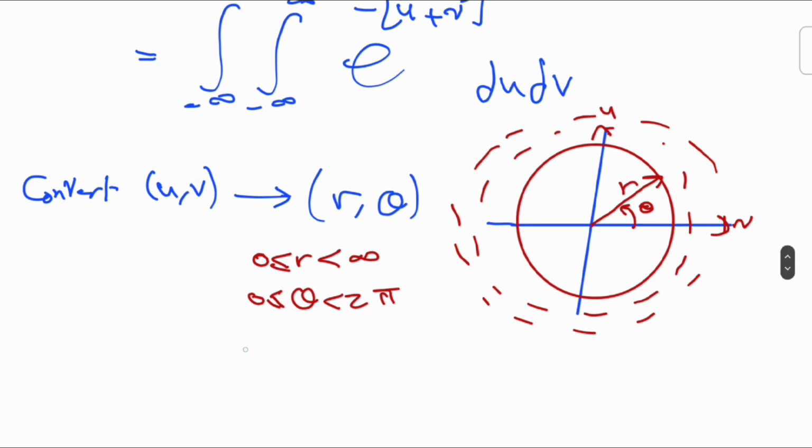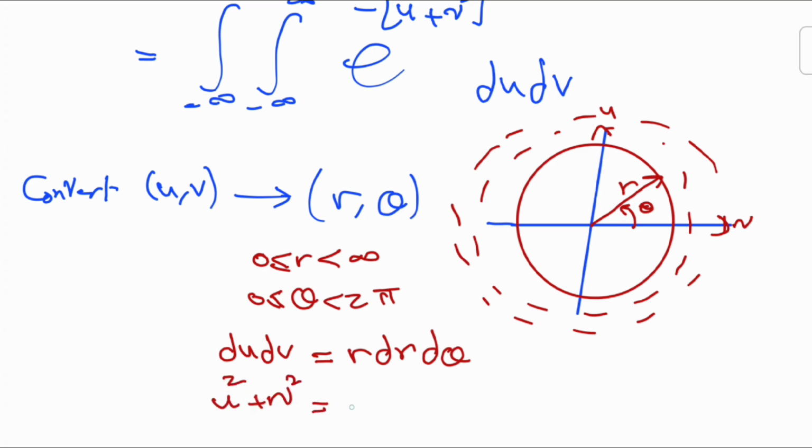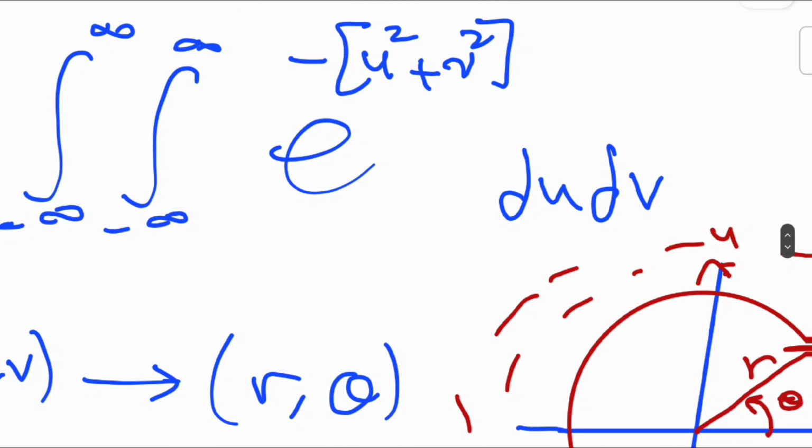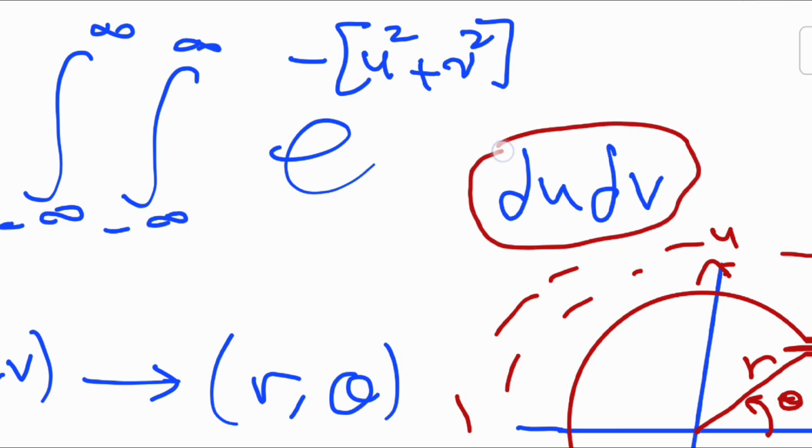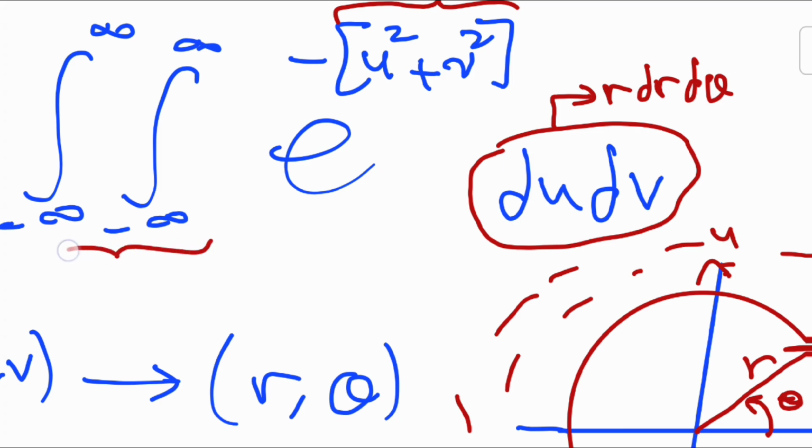And we know that du dv is replaced by r dr d theta, and u square plus v square is just equal to r square. So now we can replace this by r dr d theta, and replace this by r square, and replace these integrals with the r limits and theta limits.